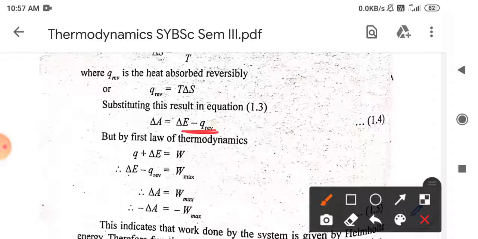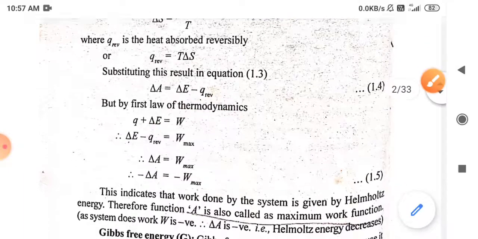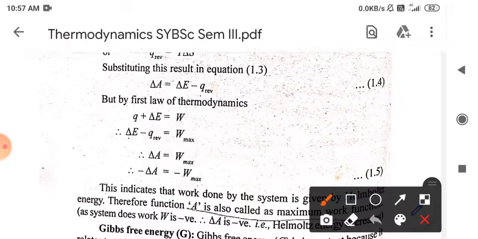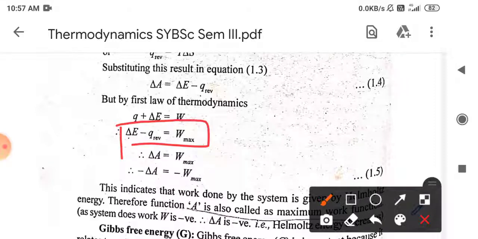But by the first law of thermodynamics, the total energy, that is internal energy plus heat energy, is responsible for the work done. And if you consider the maximum work done for the given system, it is given by this expression, that is internal energy minus reversible heat change.